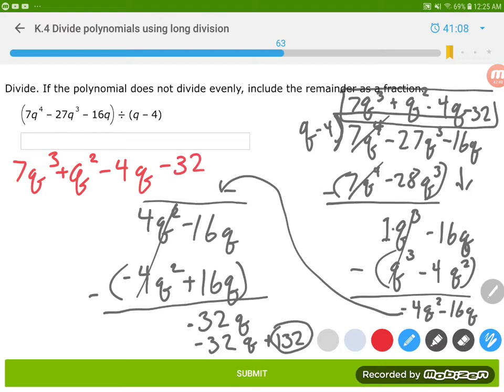Now, because I don't want to get another one wrong, I'm going to go through and double check my work. And as I check it, I'll go ahead and just kind of check it off. So 7q cubed times q, that indeed does equal that. And then 7q cubed times negative 4, that is negative 28. And so now these subtract, this will become positive, and that will become 1q.